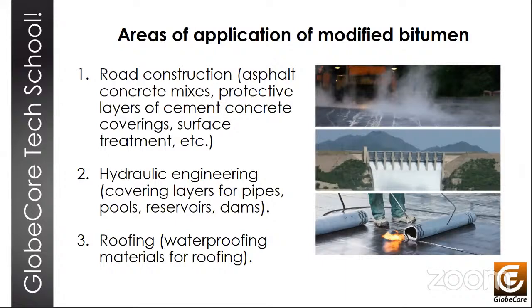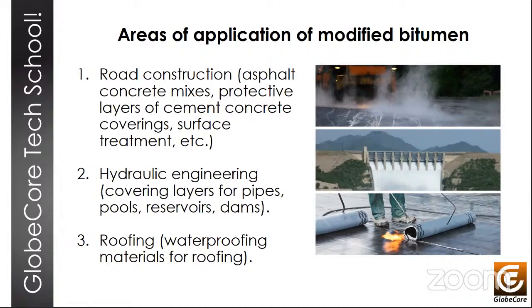All right, so the good performance properties of modified bitumen facilitate the use of such modified bitumen in quite a few fields. Among the most typical applications are road construction, asphalt concrete of the top pavement layer, surface treatments, protective layers of cement concrete pavements, crack breaking membrane type layers.